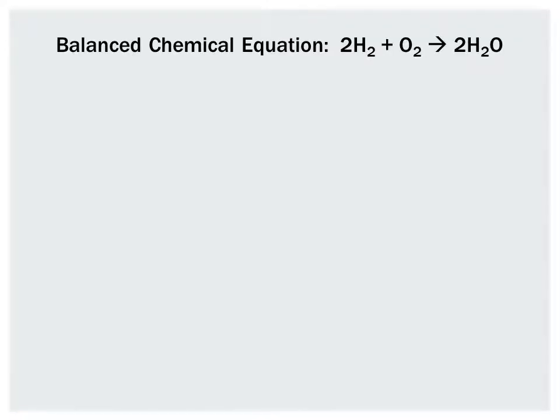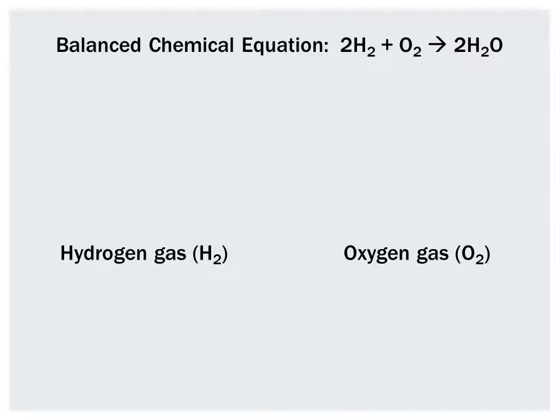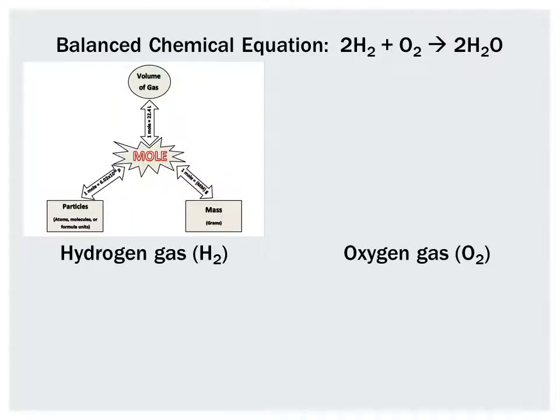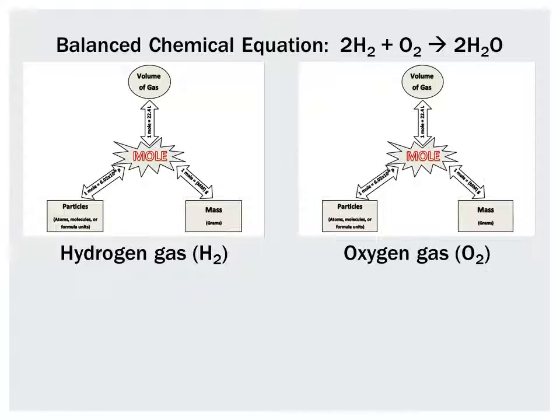So we're going to always be starting with a balanced chemical equation. You have your reactants, hydrogen gas and oxygen gas. We can add a connector to our mole maps to connect between different elements or different compounds within a balanced chemical equation.